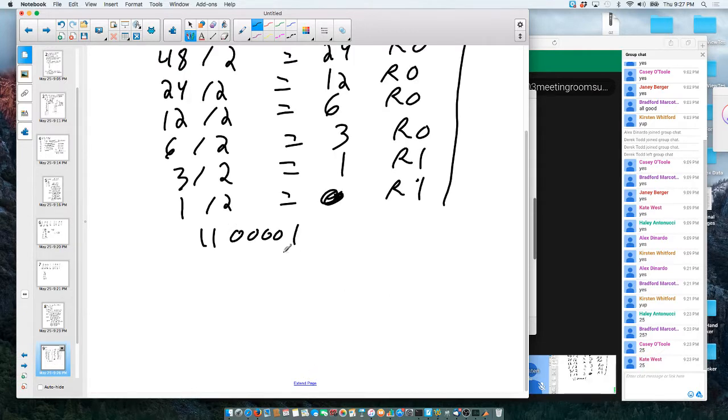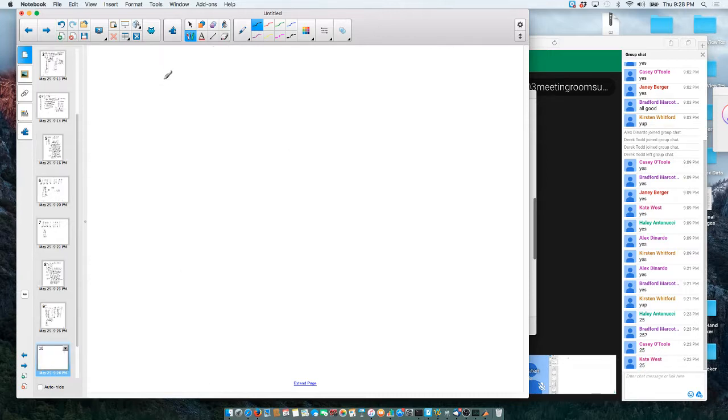If you check it, it's always good to check your work and see if it goes back in the other direction. I should be able to do my binary to decimal algorithm and get back 97, right? That's the ones place, the twos place, 4, 8, 16, 32, 64, and 64 plus 32 plus 1 is 97. All right, so again, let's have you guys do a smaller one.